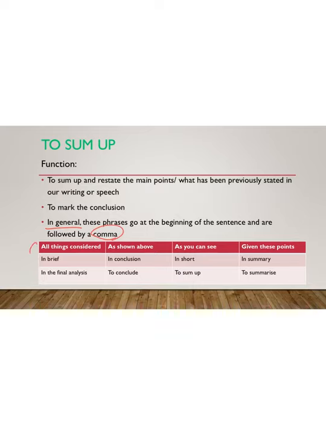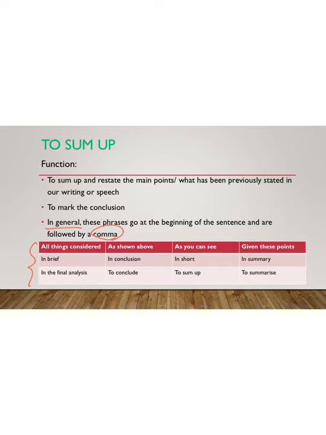Let's take a look at the examples here. "All things considered," which means we are using this connective for summing up, and we have to put it at the very beginning of a sentence. All things considered, comma, and then you write the conclusion.